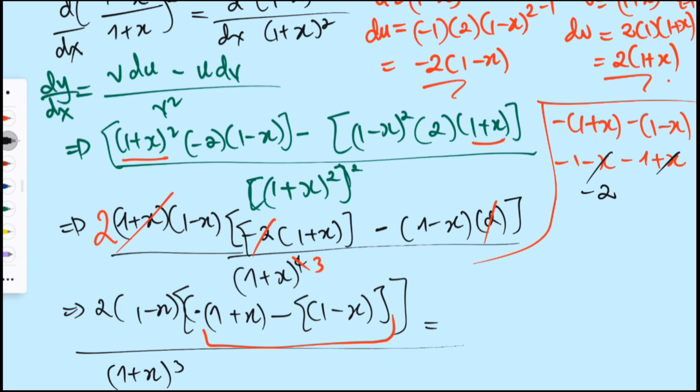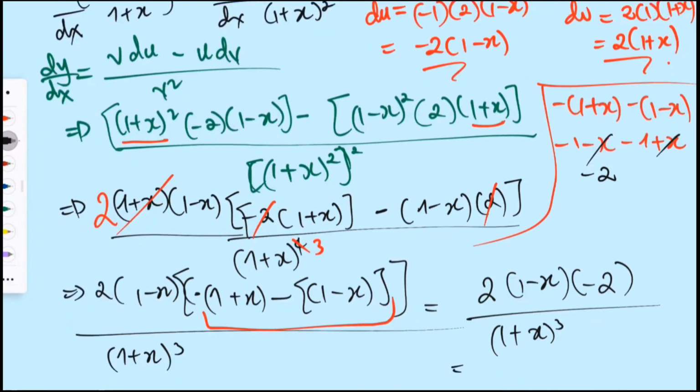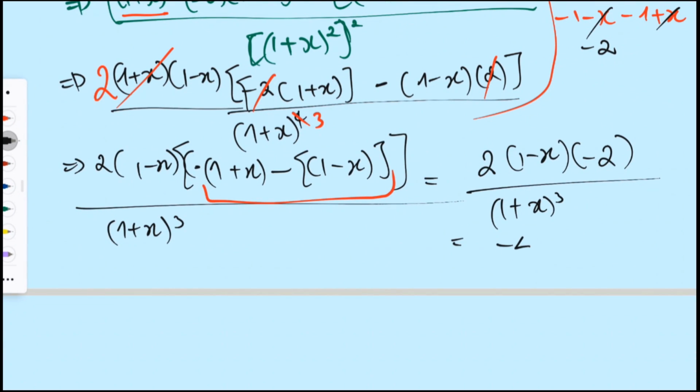So this would be 2 brackets 1 minus x brackets -2 over 1 plus x cubed, and our final answer would be -4 into 1 minus x over 1 plus x all cubed. Perfect. Okay.